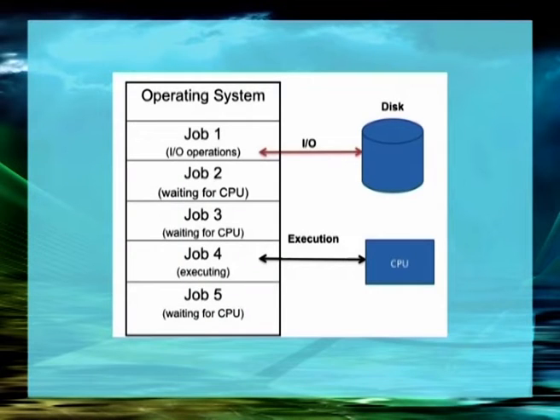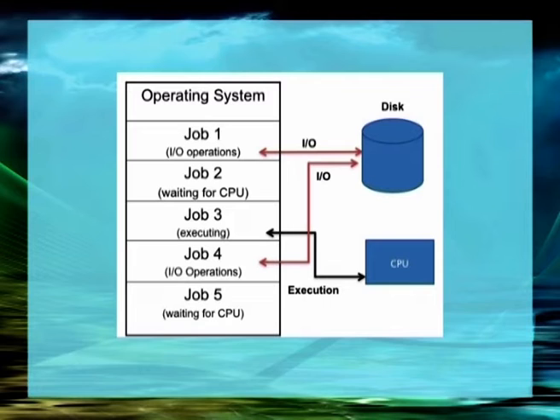In this figure, one can see that there are 5 jobs simultaneously loaded and executing in the system. Initially CPU is working on job 4. Job 1 is performing its input-output operations. Rest of the jobs are in ready state, meaning waiting for CPU.